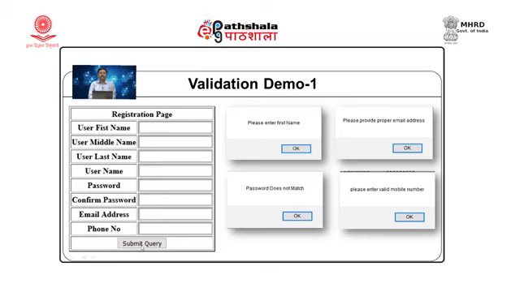So, when I press this submit query, I want to validate that it should enter these required fields as well as email and phone in proper combination, and password and confirm password should match. Now, we look at the code for this.